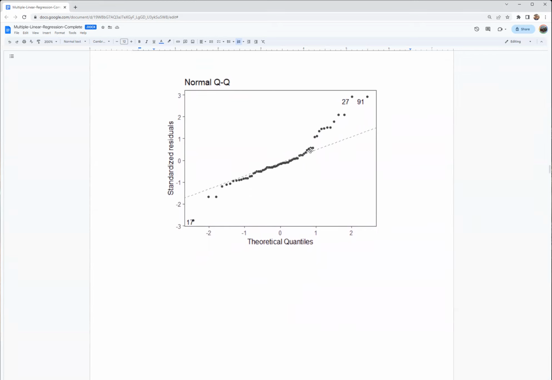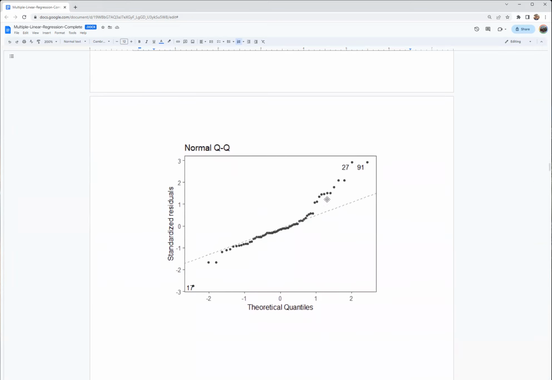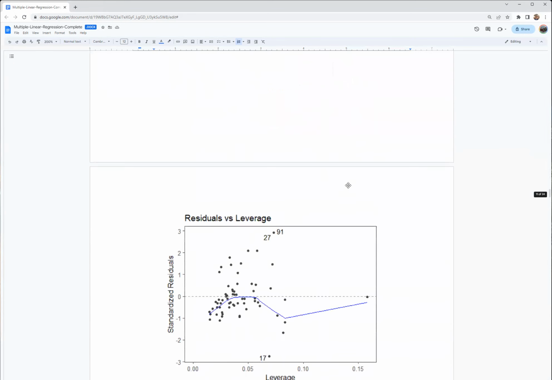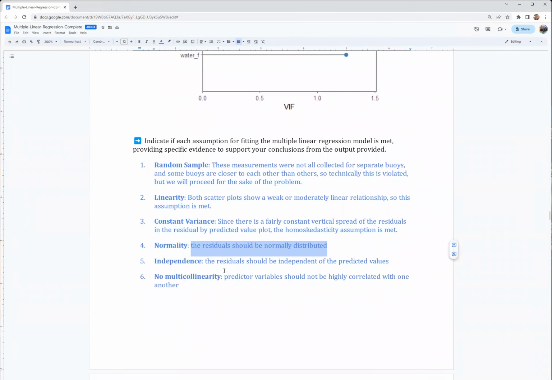But overall, we'll say nearly all the points fall really close to the diagonal line, with a couple exceptions that are not crazy far away. So we'll say it looks pretty good. This is real data, right? This is what happens when you have real data. You don't get clear-cut answers like, oh, it looks perfect, or oh, it looks awful. Usually real data is somewhere in between, which is why we're looking at it, because that's part of practice.